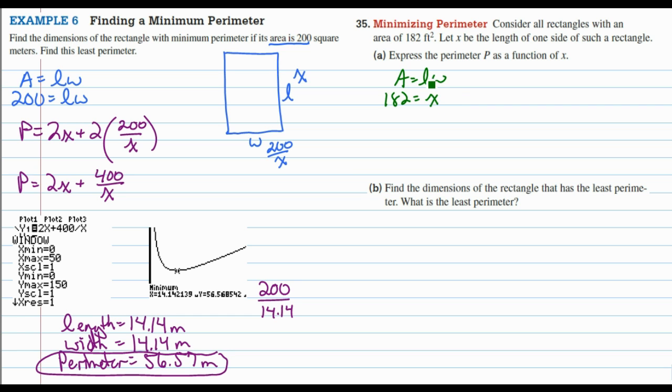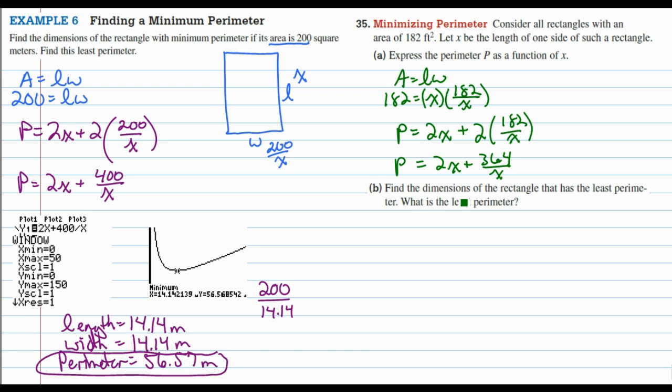That means the width is going to be 182 divided by x. So now the perimeter of this rectangle is going to be 2 lengths plus 2 widths, which is 2x plus 364 over x.